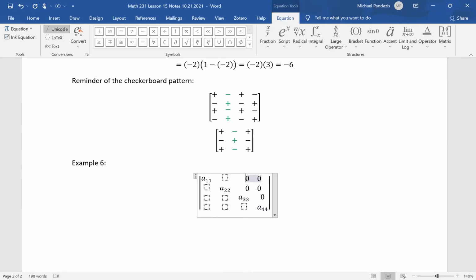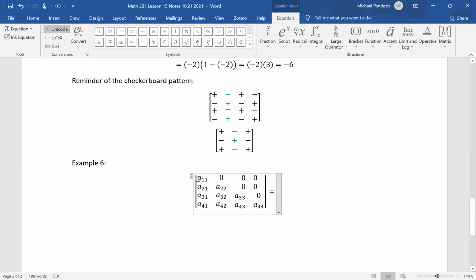And so since all the entries above it are 0, the determinant becomes very easy to compute. These are the other entries. Okay, so we want the determinant of that lower triangular matrix. So let's take the cofactor expansion along the first row.